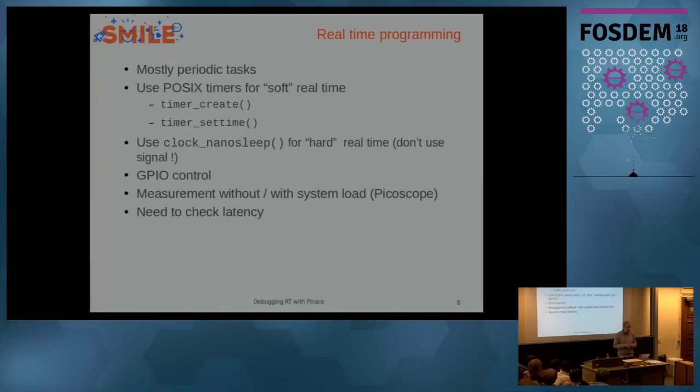So real-time programming is mostly based on periodic tasks. You can use, for example, POSIX timers for soft real-time, such as timer_create and timer_settime, which will generate a signal. And the signal is not really real-time, not hard real-time, but it's soft real-time.